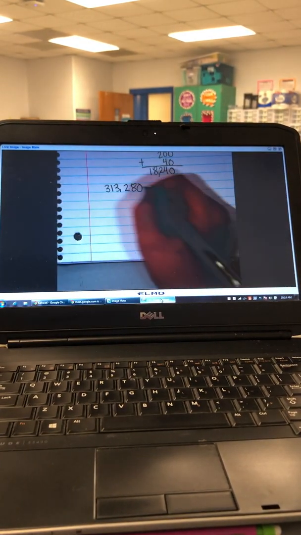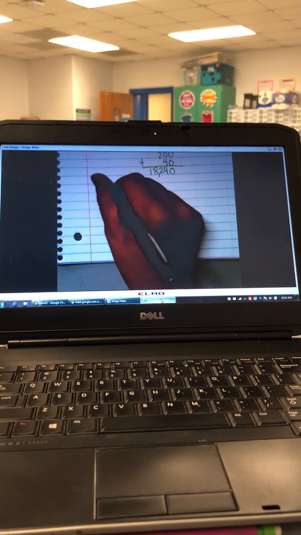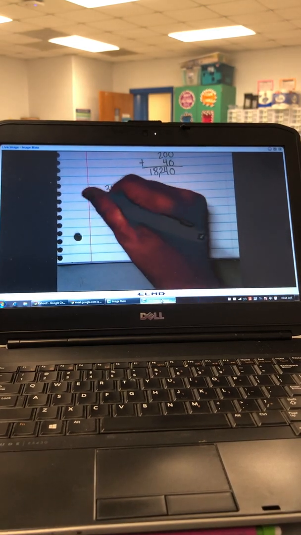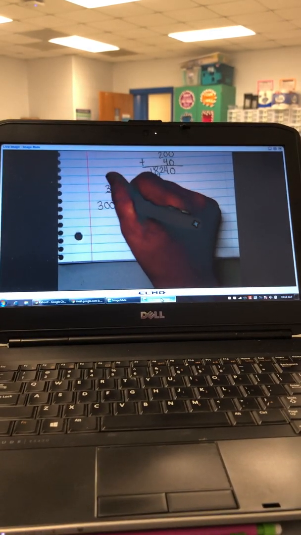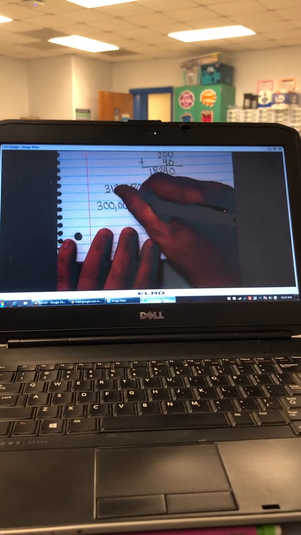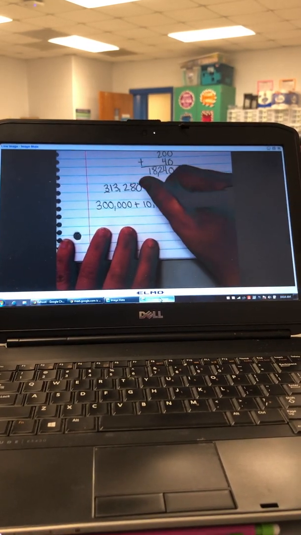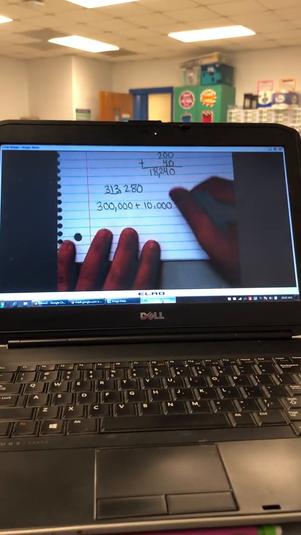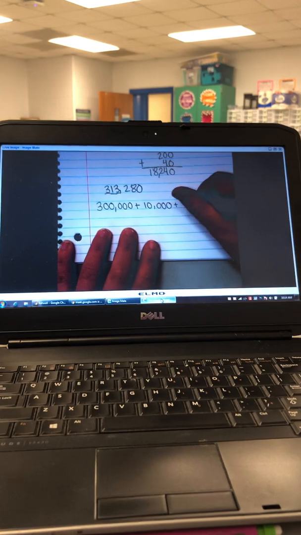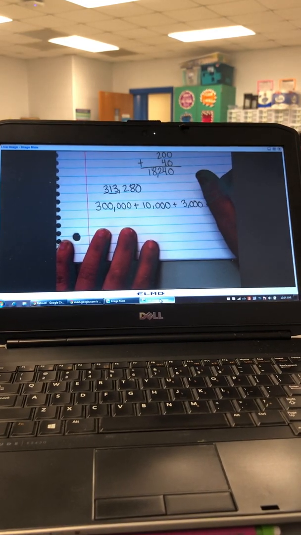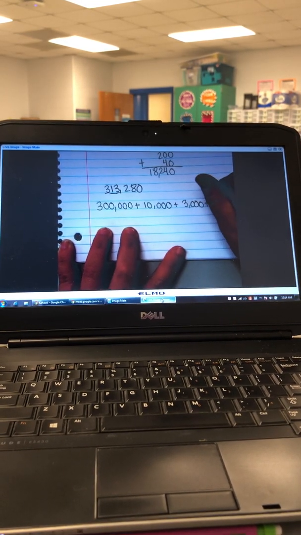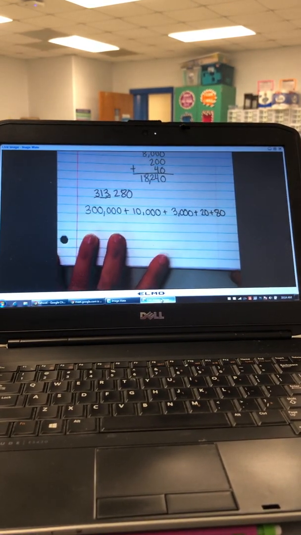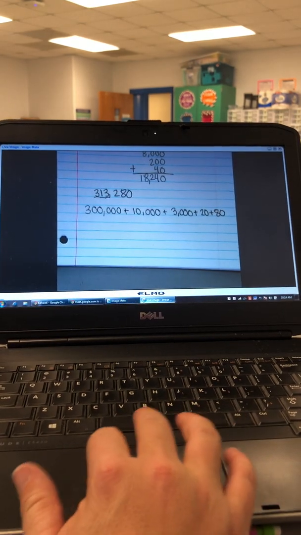We have 3 in the 100,000th place, so we're going to say 300,000 plus 10,000. So that 1 right there. Then I have plus 3,000 plus 200 plus 80. Oh, I get it now. You have to break down each individual unit.